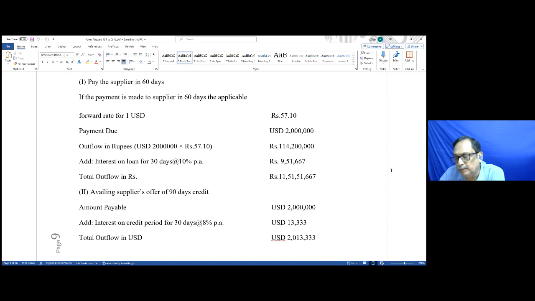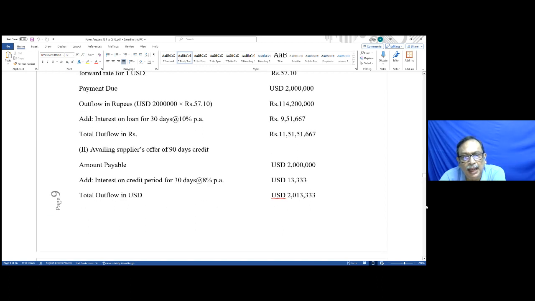If you calculate, you can get. Then total outflow in rupees after adding interest on loan for 30 days comes to 11,51,51,667.